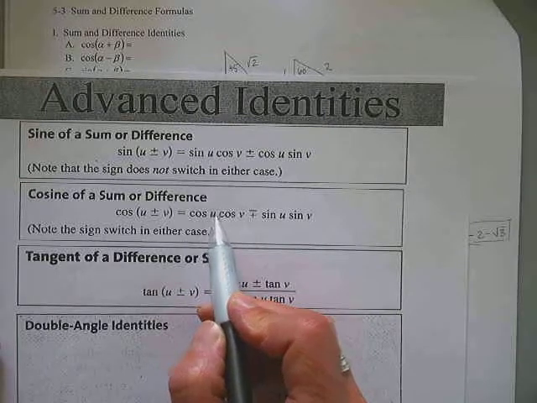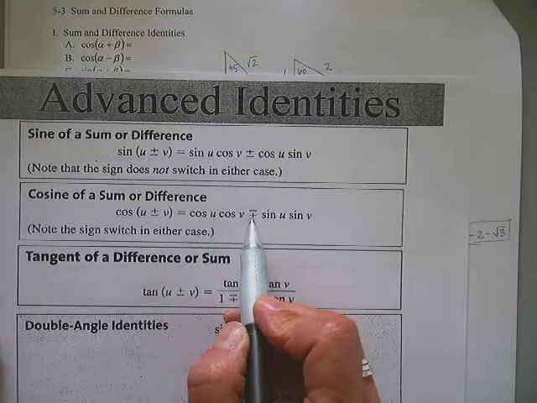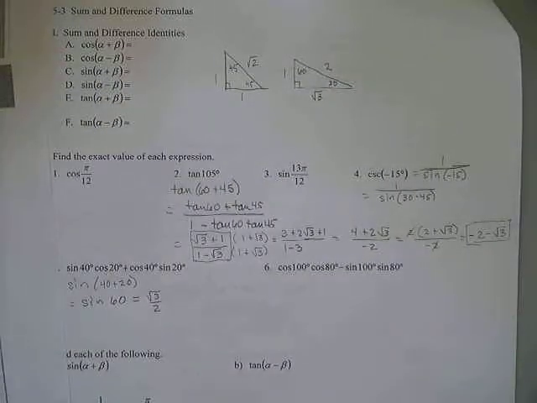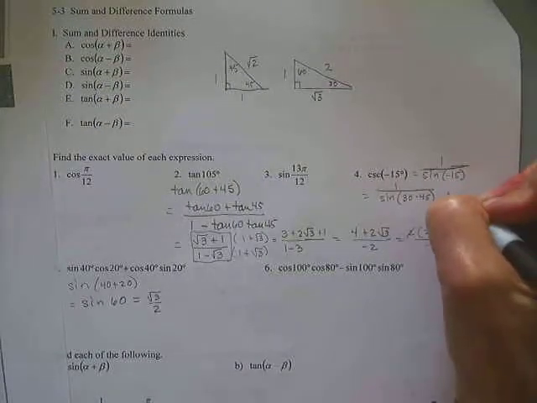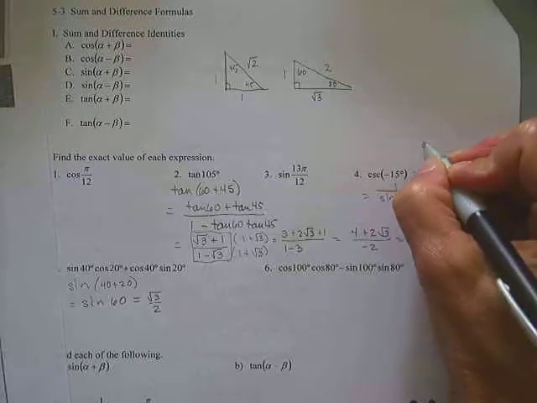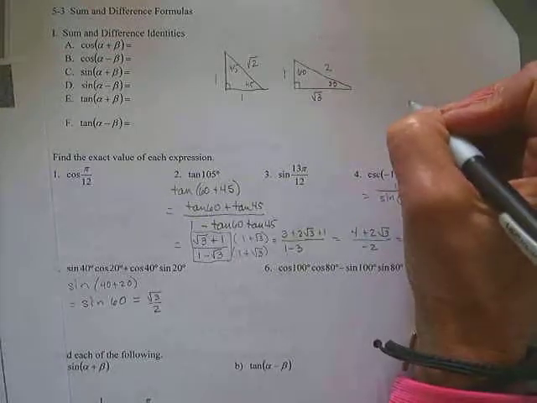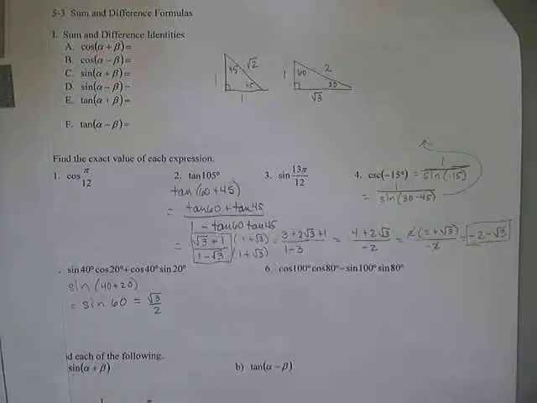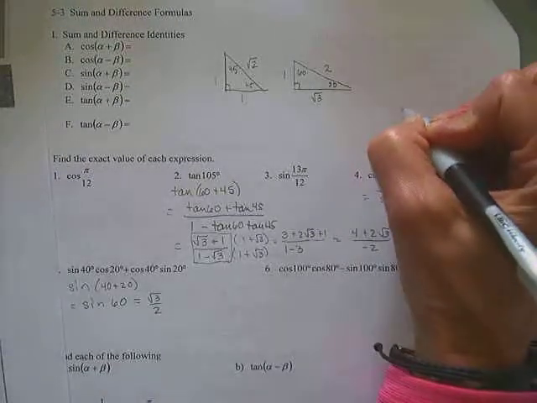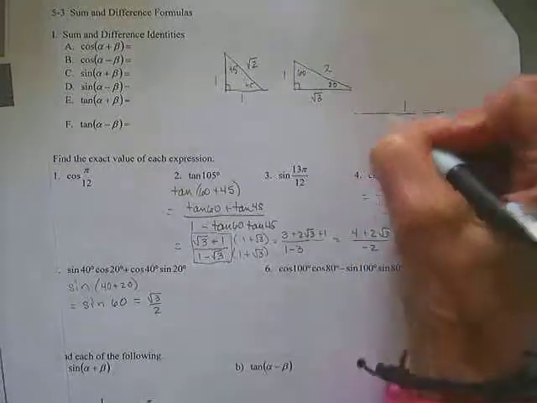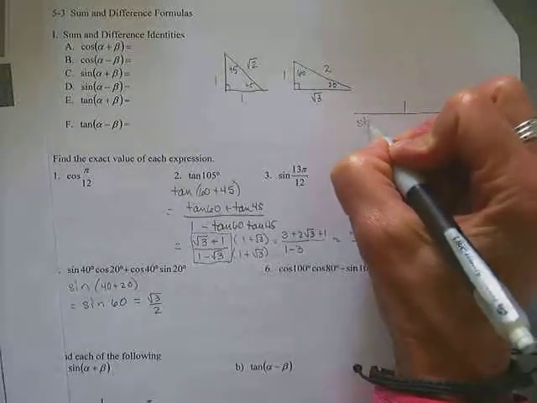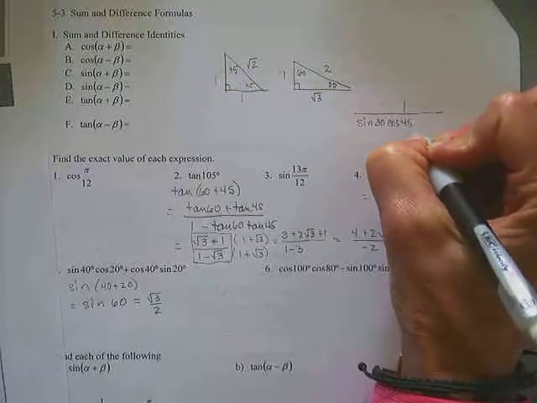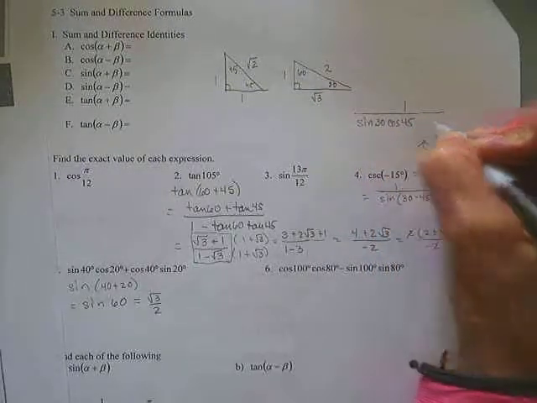So what would you plug in for each u or v? Would you just plug in 45? Well, this is a subtraction one, so you would go to your sheet and use the bottom part, cosine of u minus v. So it would be cosine of 30, cosine of 45, plus sine of 30, sine of 45. And it'd be just 1 over all of that.